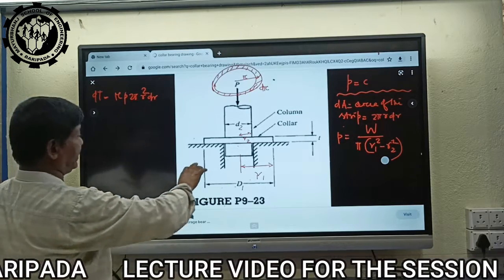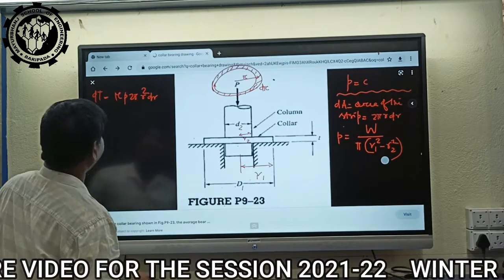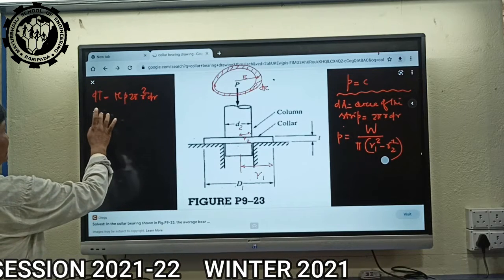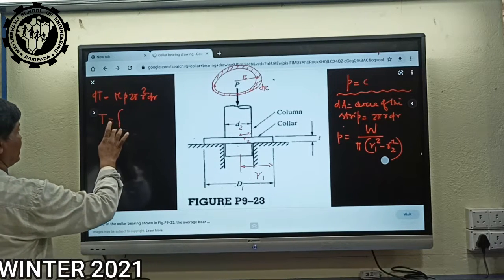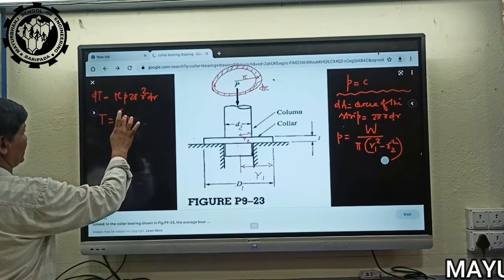We need the total torque lost in friction, so we calculate T equal to integration of dT.